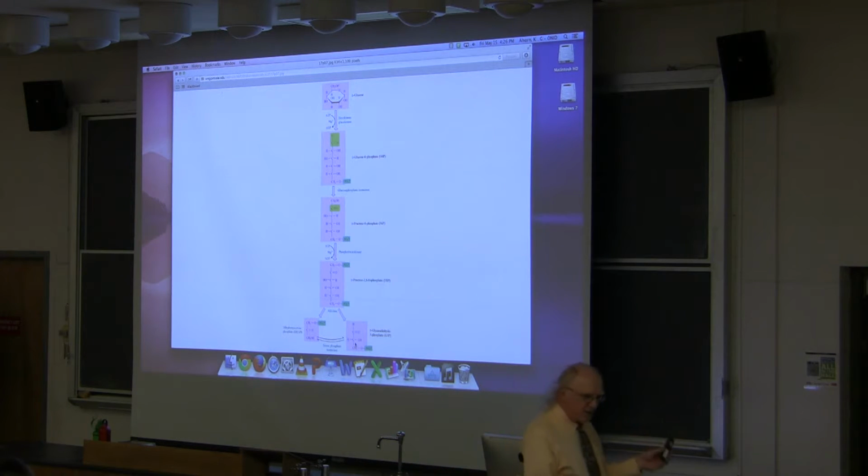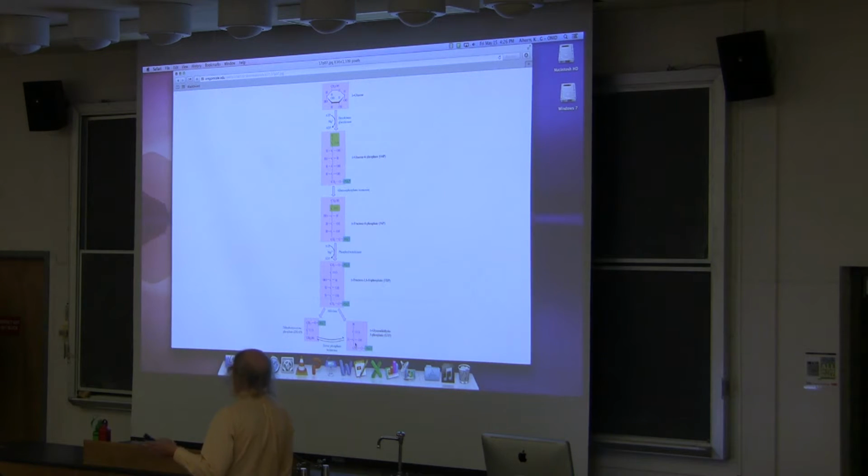The products of this reaction are 2 molecules of 3 carbon each. 1 dihydroxyacetone phosphate that you can call DHAP. Second, glyceraldehyde 3-phosphate that you can call G3P.